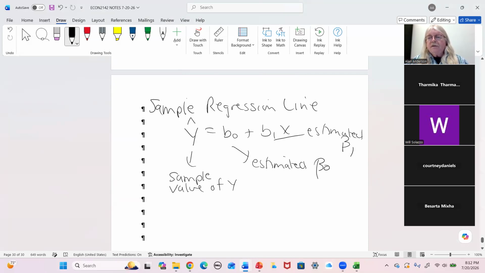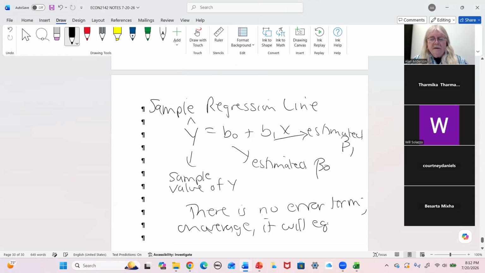So if you notice that there's no error term, on average, so it drops out of the regression equation.